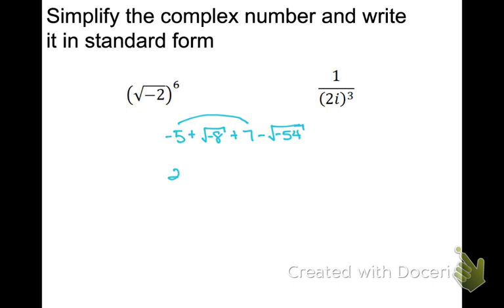Now you guys know that you can't add these because the radicand is not the same. What's under it? You got 8 and 54, so you know you can't add that. You only can add when these are the same. Okay, so we need to simplify those.